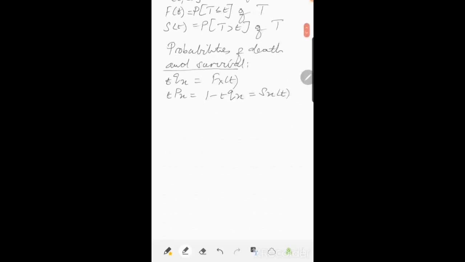In this case, what is the combined name of tqx and tpx? What are they called? Tqx and just qx are called rates of mortality.